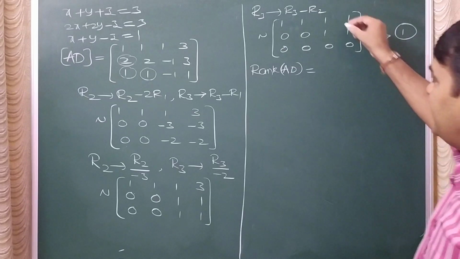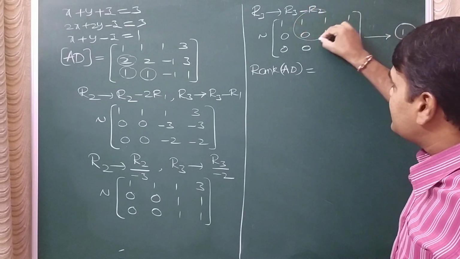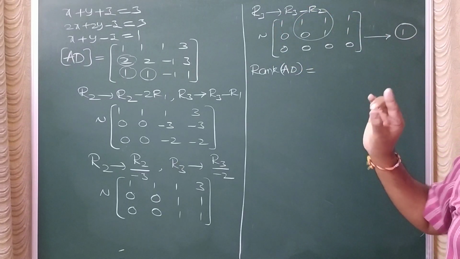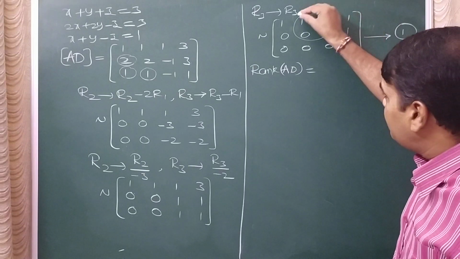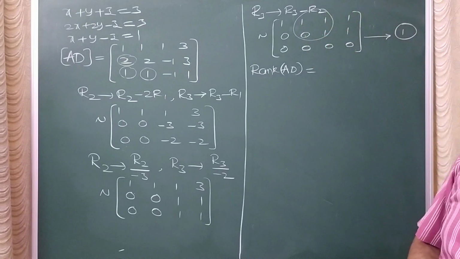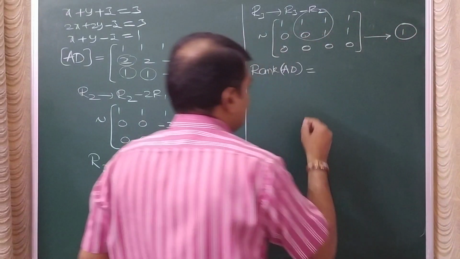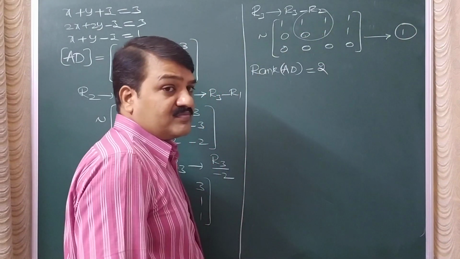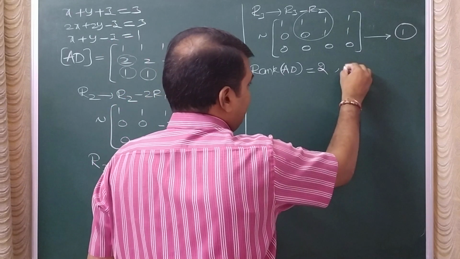So rank cannot be 3 for this. And if I take a 2 by 2 submatrix like this, any example I can write, the determinant is non-zero. For 2 by 2, the determinant is non-zero, so rank is going to be 2. What is the reason?